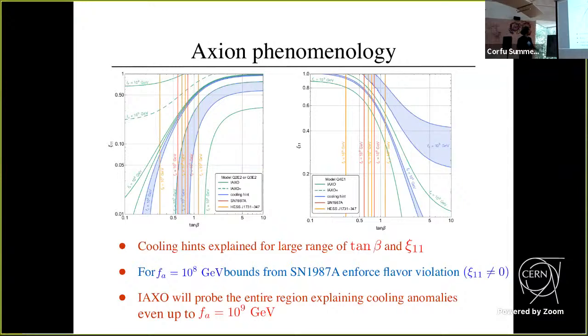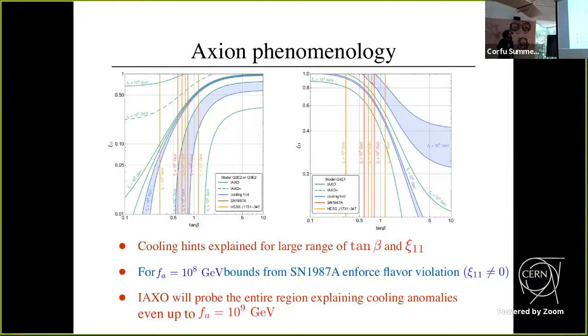What's important at this point is that in contrast to standard DFSZ models, cooling hints can be explained for a large range of tan beta, so there is no problem with perturbativity, and also a large range of psi11.